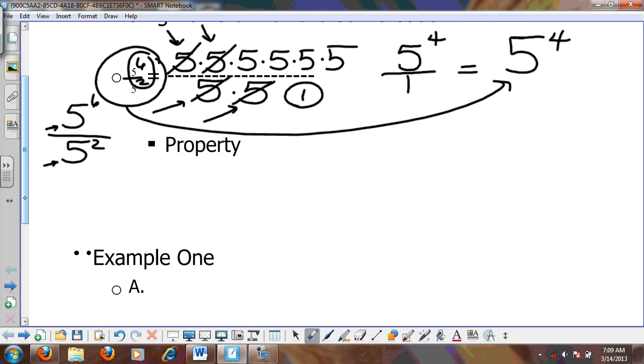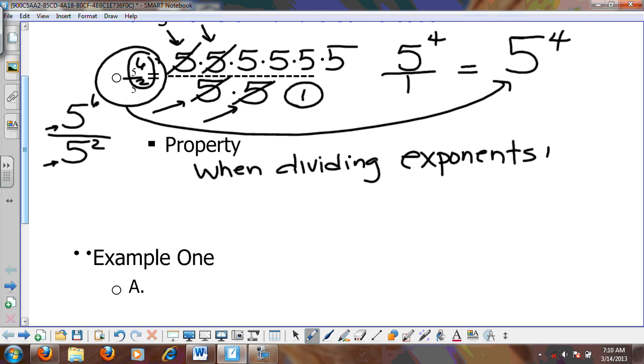So that's basically saying when dividing exponents with the same base, subtract exponents.